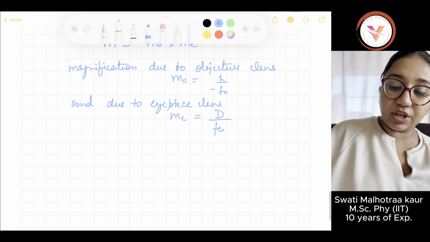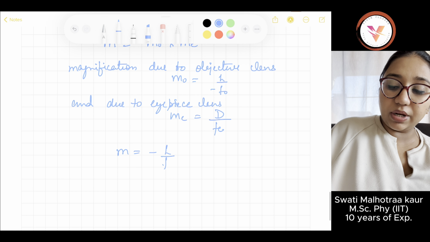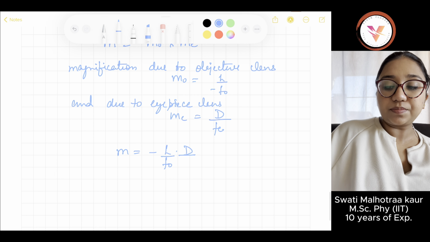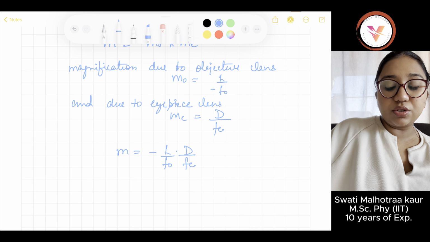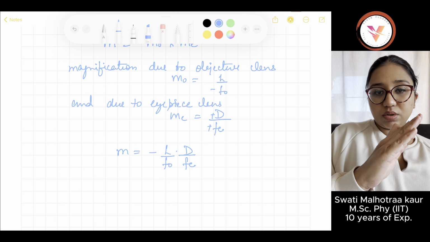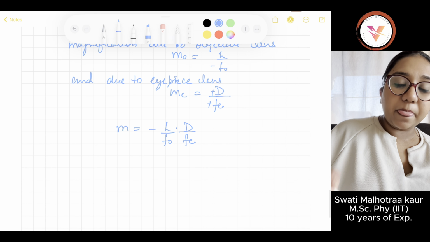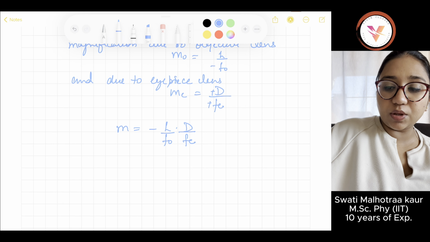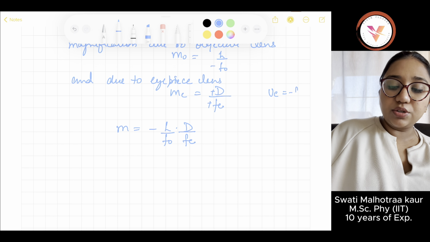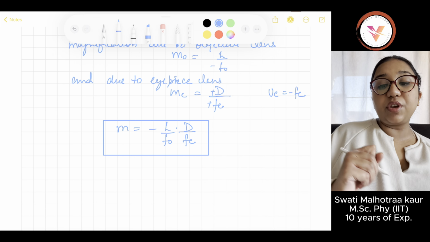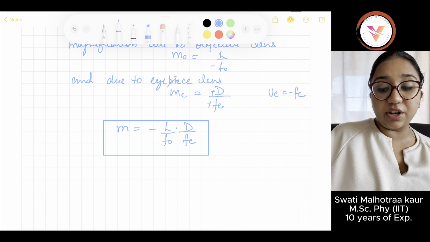So your total magnification is minus L by FO into D by FE. Here both are negative, so it gives you positive because D is also on the left of lens and UE is actually minus of FE, so both will cancel each other, and this would be my magnification when the final image is formed at infinity.